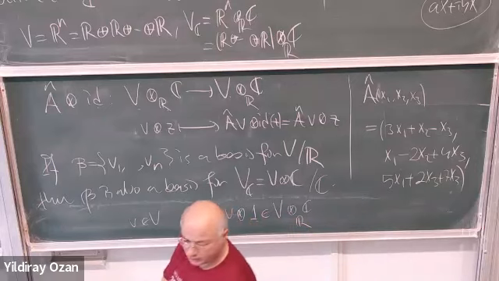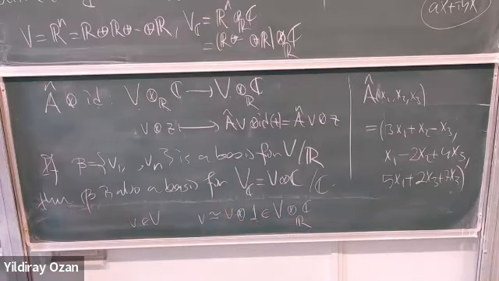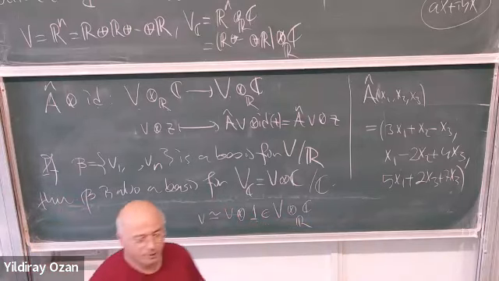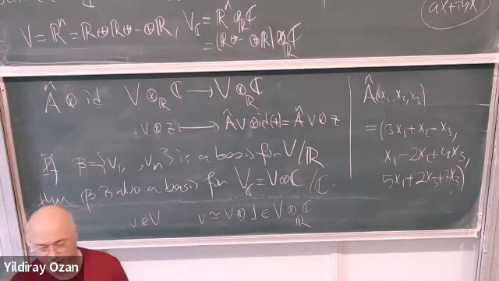Biraz soyut saçmalık gibi duruyor ama aslında çok bir şey var. Şimdi niye bu operatörler önemli ondan bahsedeceğiz. Fizikçi arkadaşınız yok değil mi? Mesela Hermitian operatörler, simetrik operatörler kuantum mekaniğinin en temel nesneleri.